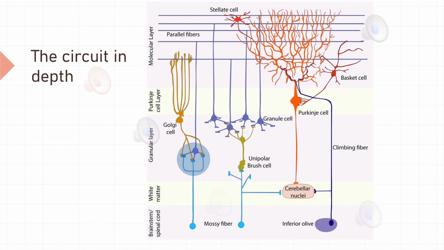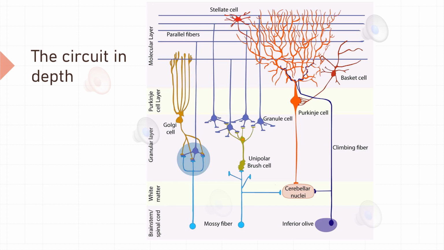As you can see, the mossy fibers in blue and climbing fibers in purple are fibers that, as I mentioned previously, are entering into the cerebellum. We know that these are excitatory, so they are going to synapse with the cerebellar nuclei and release excitatory neurotransmitter. The climbing fibers are specifically going to release aspartate, and mossy fibers are going to release glutamate.